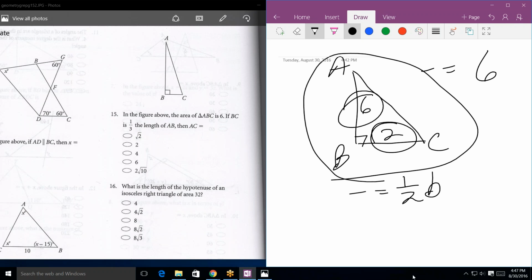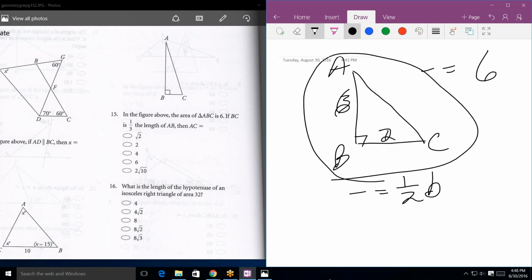Now, when I say cleanly, I'm sure that you could have chosen a ton of numbers, and by trial and error, you would have gotten the right answer before too long, right? In other words, if you didn't know to introduce a variable, maybe you would have started out with 1 and 3, and you realize, well, the area of that is only 1/2. So let's try 2 and 6.